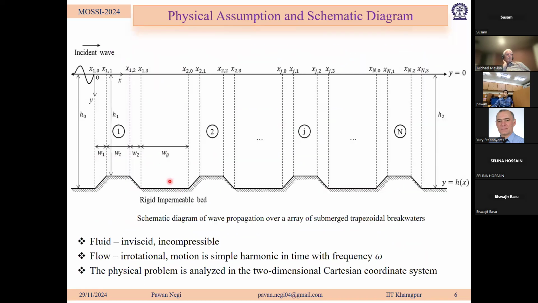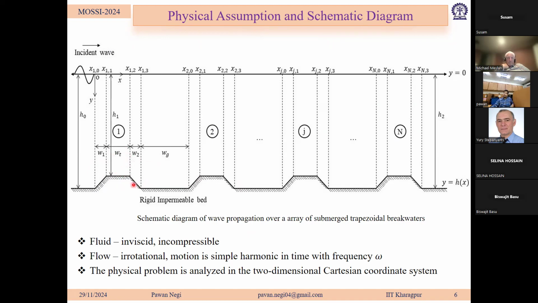Okay, now coming to the schematic diagram, here I show this schematic picture of the array of trapezoidal breakwater. Here we have two regions. This is the front slope and the back slope, and then this is the flat region of the trapezoid. Now we assume that the front slope and the back slope extend up to the lengths W1 and W2, whilst this horizontal trench extends up to WT.